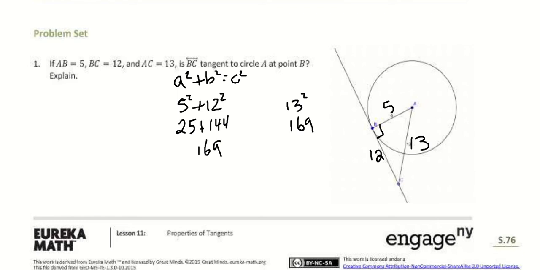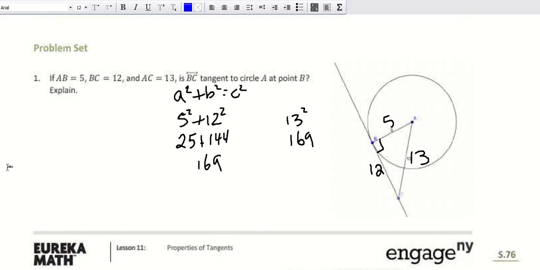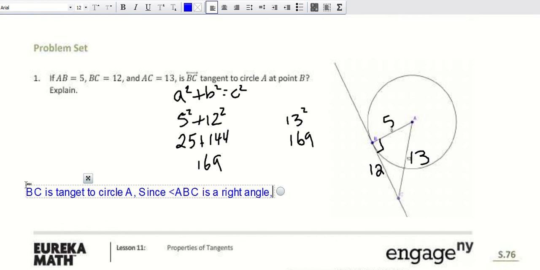So therefore, we can say yes, BC is tangent to circle A, since angle ABC is a right angle. We could actually say, since triangle ABC is a right triangle, but more importantly, it's a right angle.